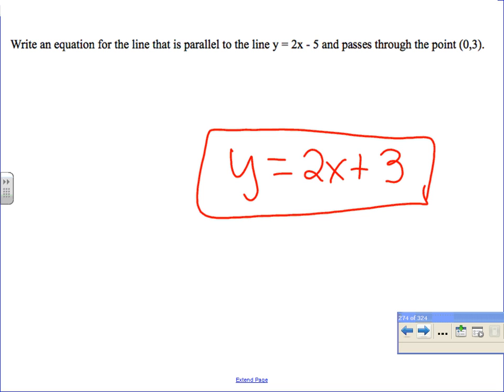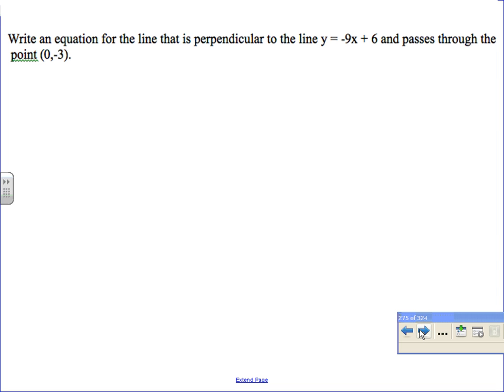All right, Shane, the next one. What do we know about perpendicular slopes? Awesome. Perpendicular slopes are opposite reciprocals.